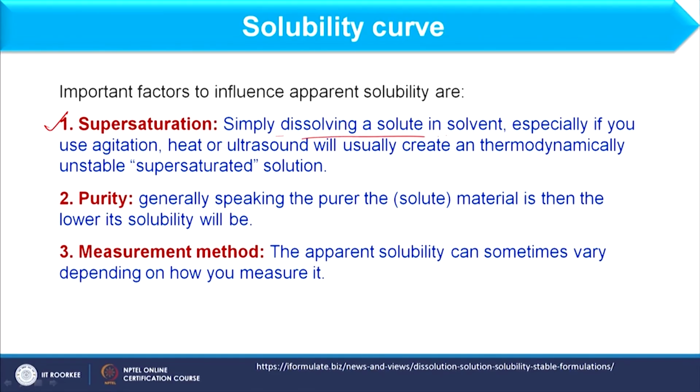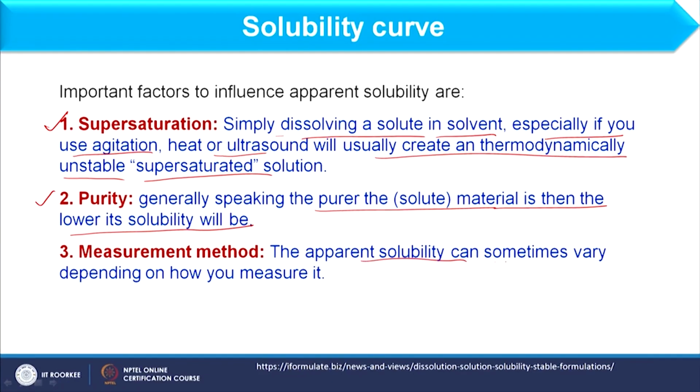Simply dissolving a solute in a solvent, especially if you use agitation, heat or ultrasound, will usually create a thermodynamically unstable, that is supersaturated, solution. Next point we have is purity. Generally speaking, the purer the solute material is, the lower its solubility will be. And it will also depend on the measurement method.